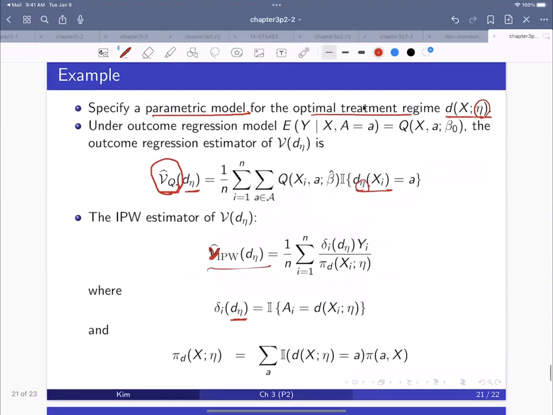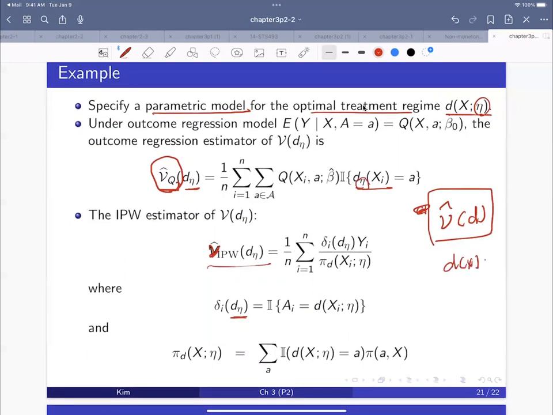Because in the previous class, we studied all about the value function of D when D(x) is known. Now the only thing is that this is known up to a parameter eta. So then you can use the same estimator, but now you express it in terms of eta and optimize.